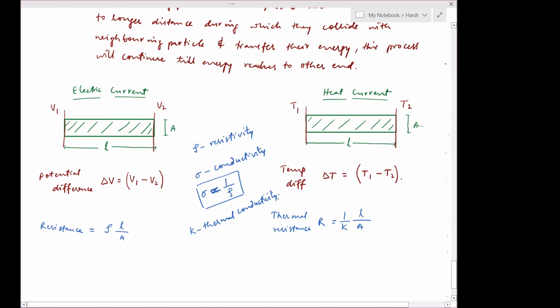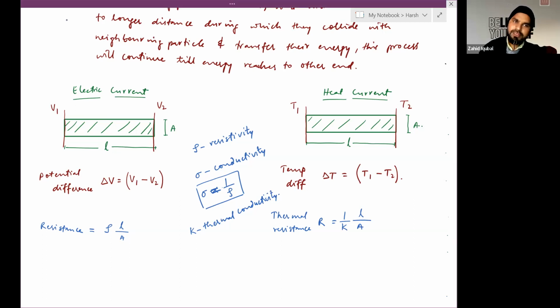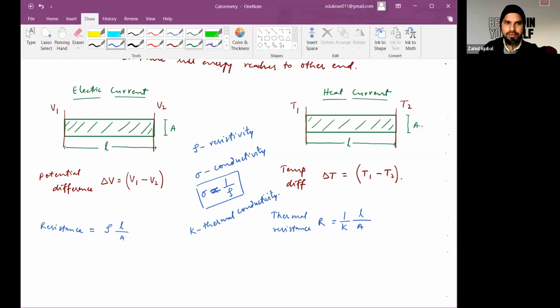K is the constant of thermal conductivity, similar to sigma. Okay? Now you must have learned about Ohm's law in class 10th.